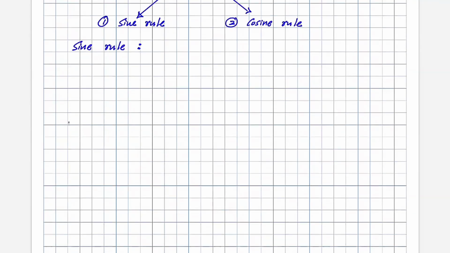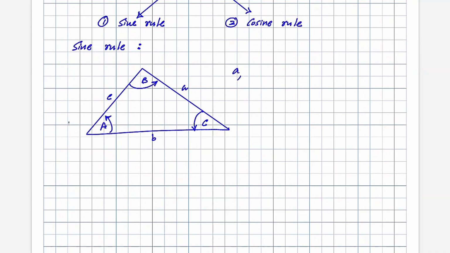So what are the non-right angle triangles? Non-right angle triangles are like this, right? Something like this. I'm going to get this angle to be capital A, this angle to be capital B, this angle to be capital C. The sides opposite to that angle are going to be a, b, c, like you can see in the picture. Small a, b, c are length values.